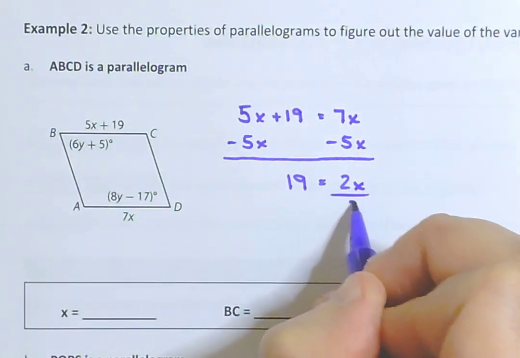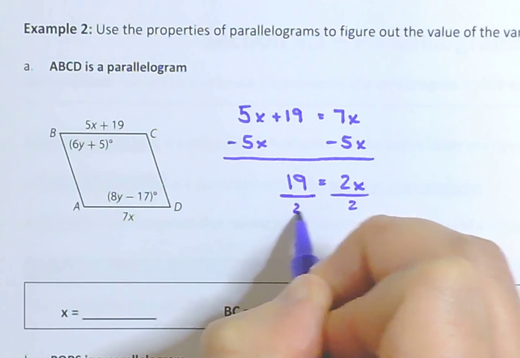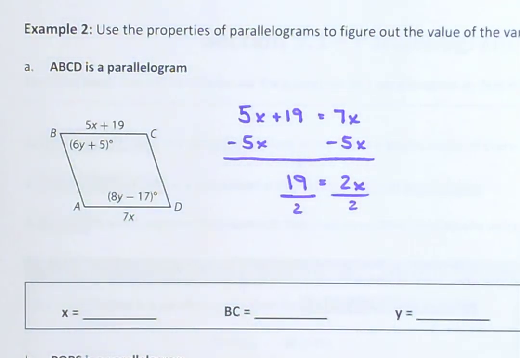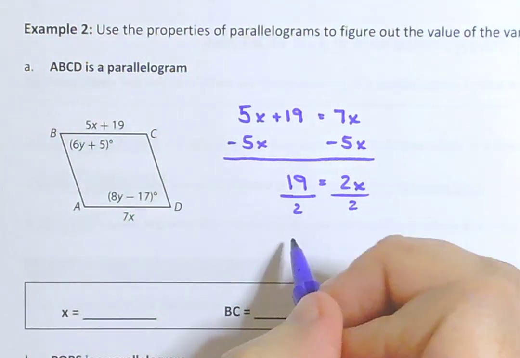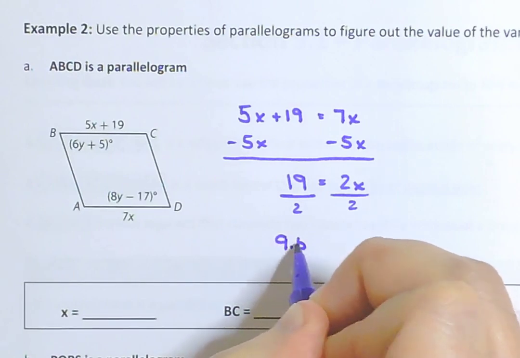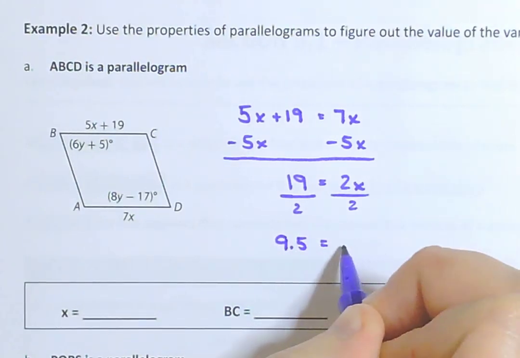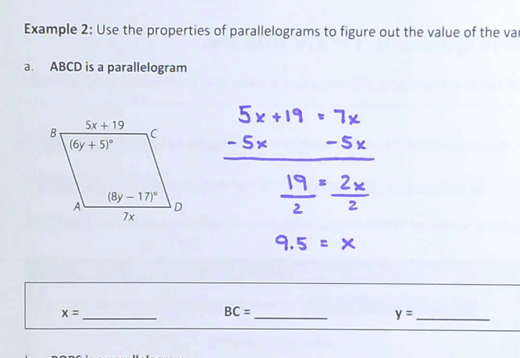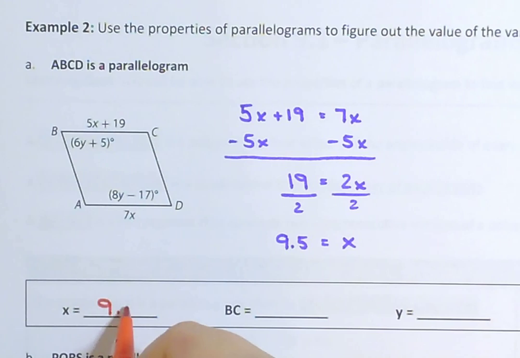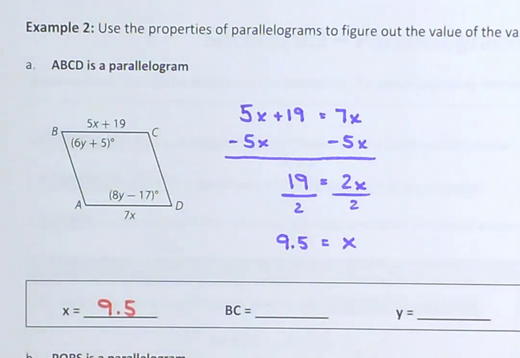I'm going to divide by 2 to both sides. If we do 19 divided by 2, we're going to get 9.5. And then on the right, we're going to be left with x. So that tells us that 9.5 equals x. So that means I know that x equals 9.5 in that box.